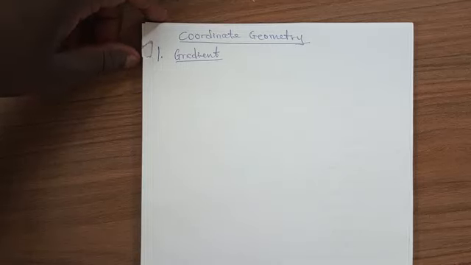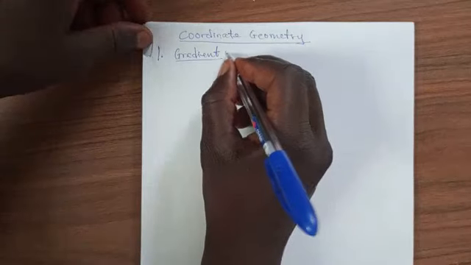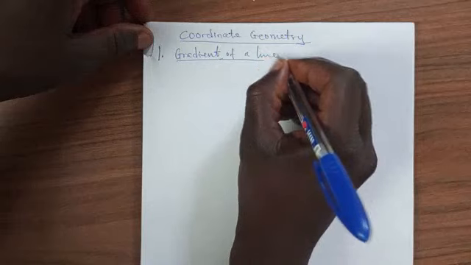We shall be discussing coordinate geometry as a topic, and we are going to consider the gradient of a line. So the gradient here is the gradient of a line.